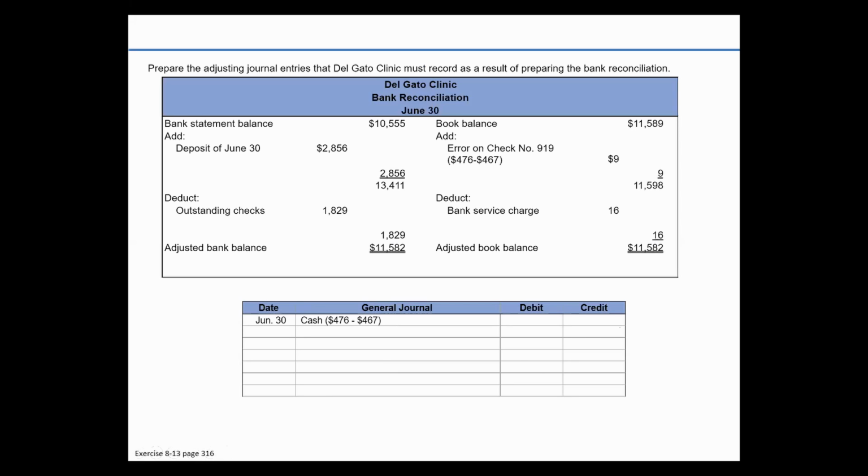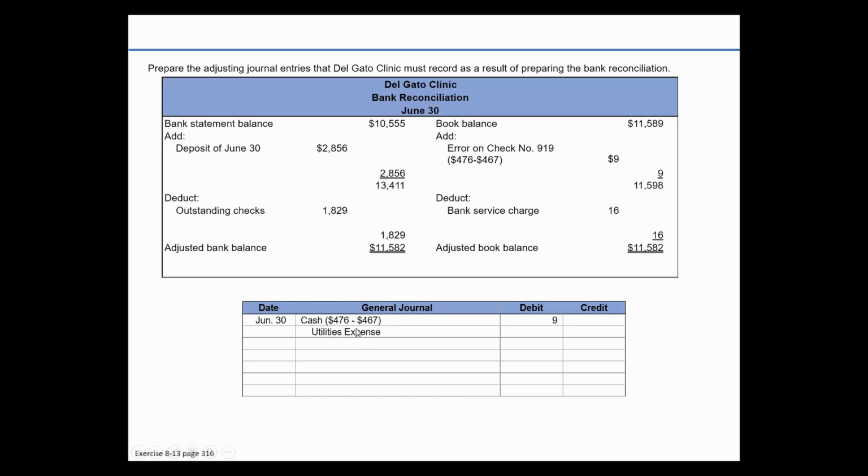The check was written out for the correct amount, but in our books, we wrote the wrong amount. So the discrepancy there is $9. We wrote down initially that it should have been $476, but the check was really for $467, so $9. So we'll debit cash because we need to increase cash by the $9.